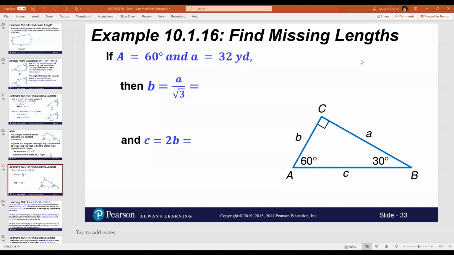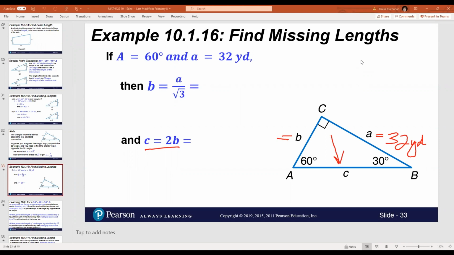So if A is 60 degrees and this, we are told, is 32 yards, opposite there, then B over here has to be, well, let's do C first. This is easier. The hypotenuse is, again, twice the length of the shortest side.